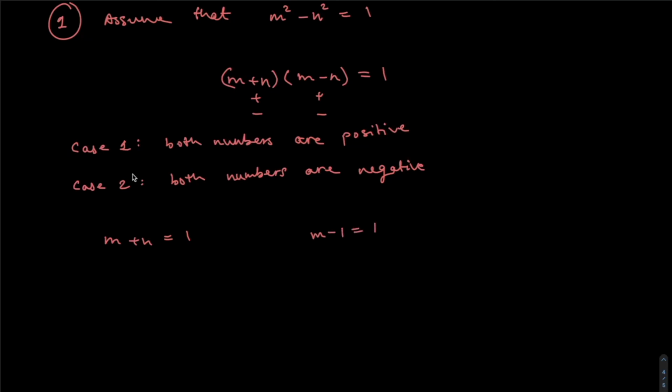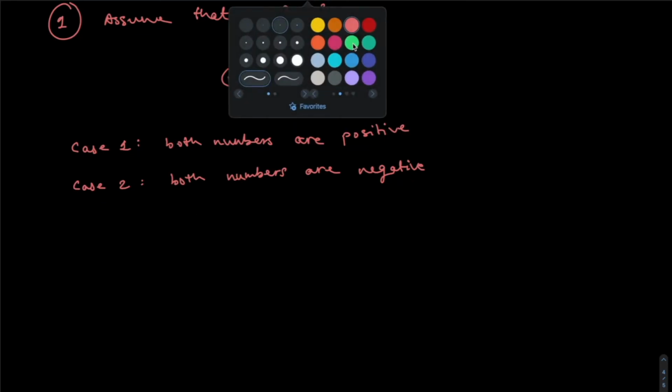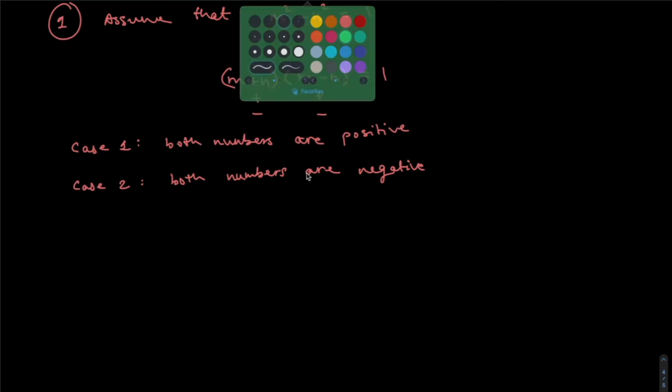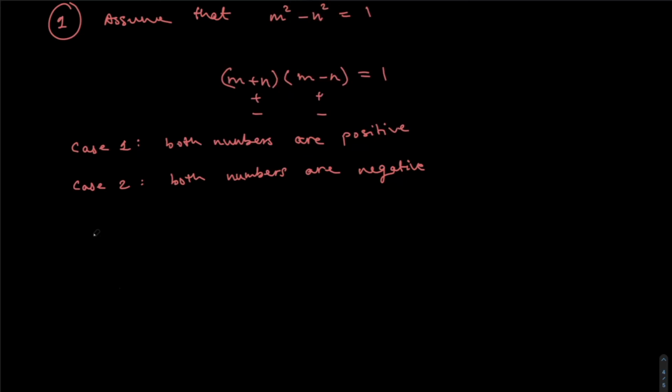This is our first case. I'll do it in a different color, so we'll take aqua. We have m plus n is equal to 1, and m minus n is equal to 1. So I can write this as m is equal to 1 minus n, and this as m is equal to 1 plus n.